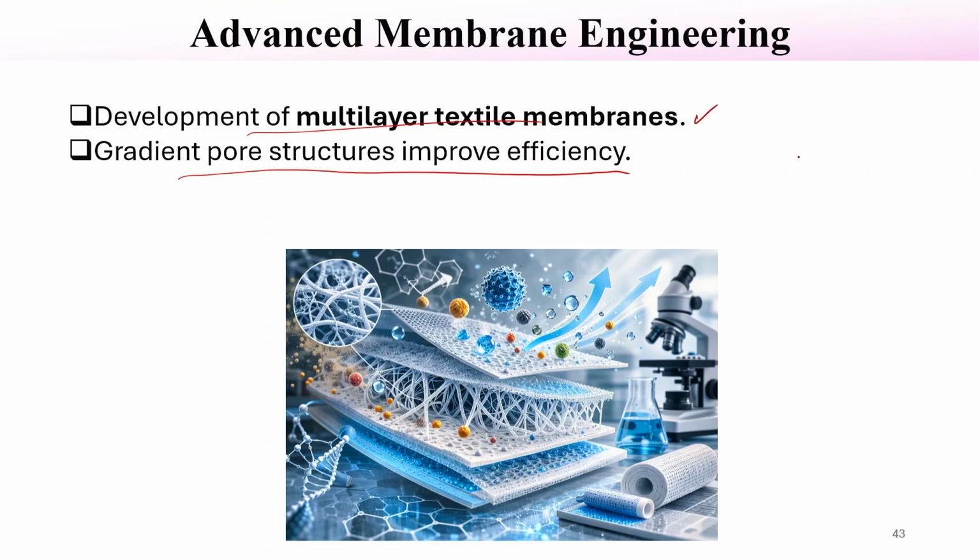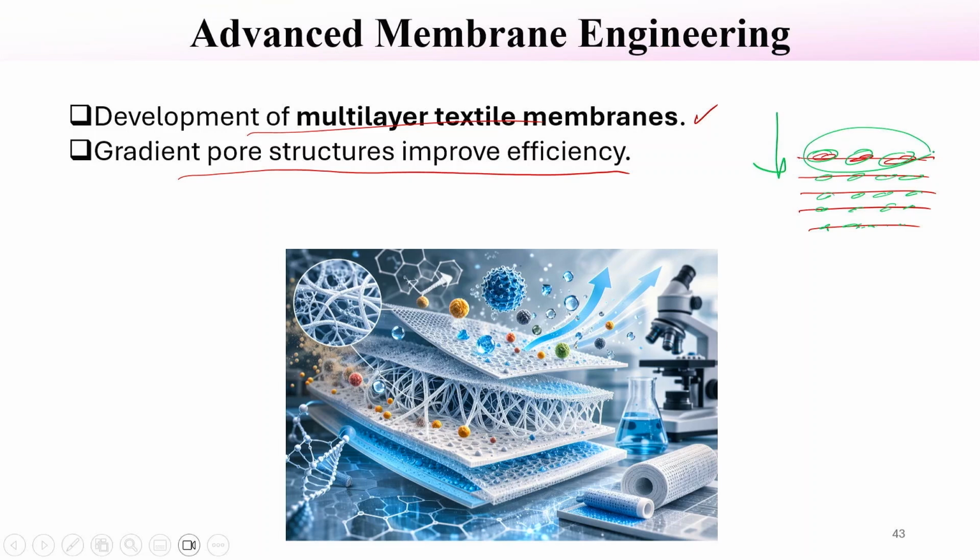In one membrane, suppose there is a larger pore size, then we can use relatively smaller, then smaller, and so on to micro. That will improve the efficiency, because larger particles will be blocked first. So, gradual, gradient filtration is there.